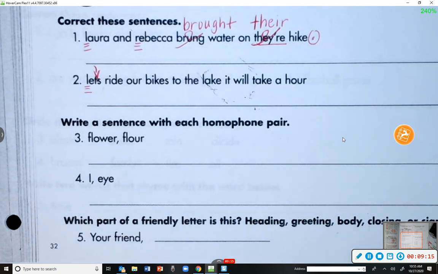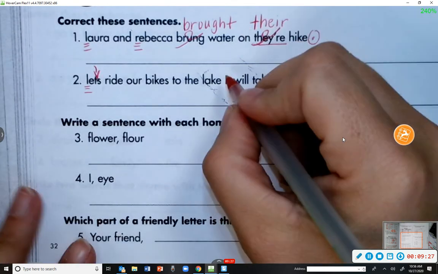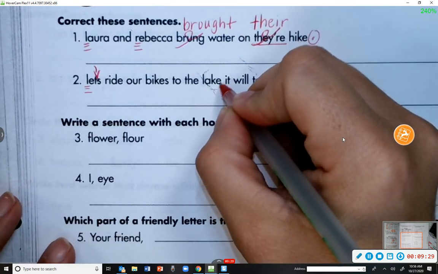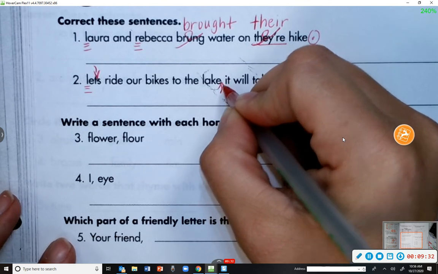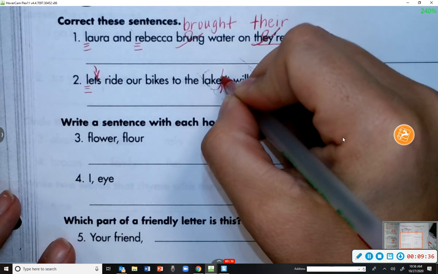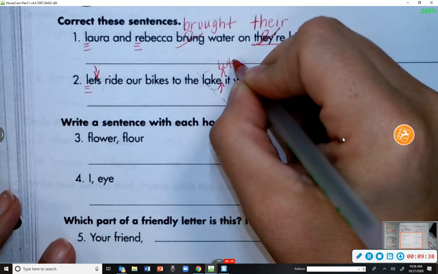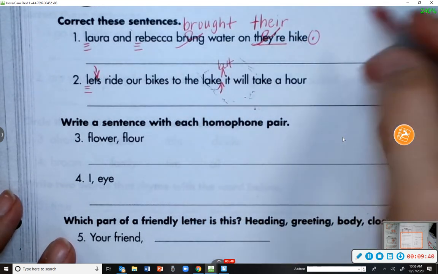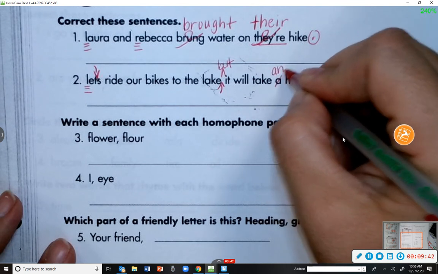I don't really like how that sounds because it doesn't really go together that way. Let's ride our bikes to the lake. But it'll take an hour. That's a good one. But it will take an hour. So if I'm going to add the word but, then I need to put a comma first and then insert the word but. But it will take an hour.